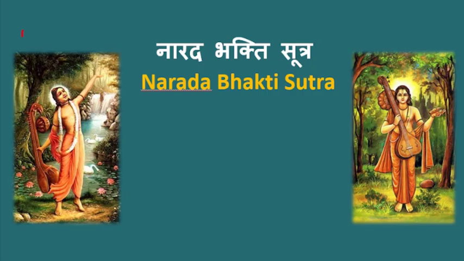Now here we are going to talk about the types of devotion. These are the contents, the Suchipatra, of the whole text: the types of devotion, the definition of devotion, and the definitions of superior and inferior devotion, Paramaprema and Aparaprema.